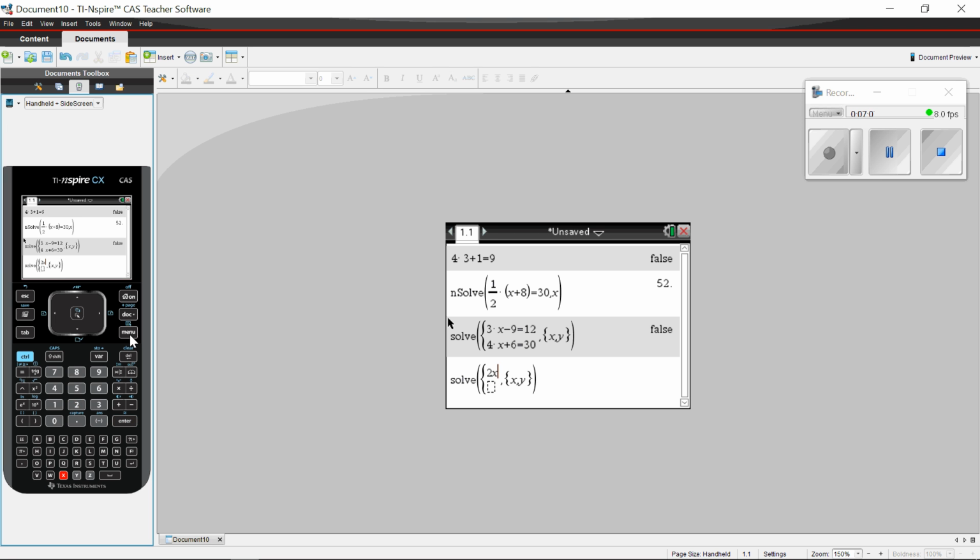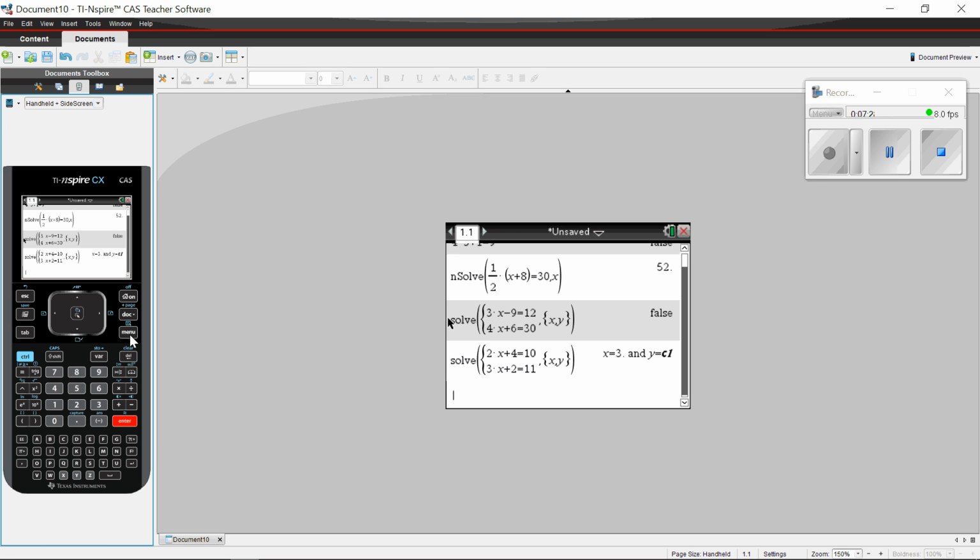So 2x plus 4 equals 10. And 3x plus 2 equals, let's do 11. So this tells you that x equals 3 and y equals, ignore that.